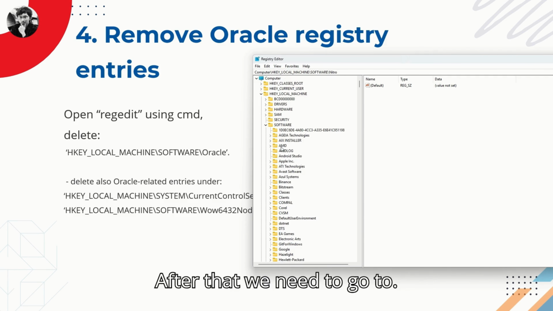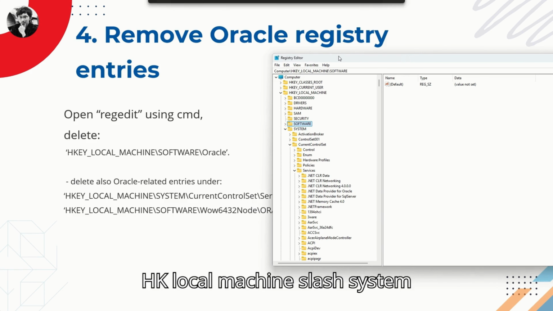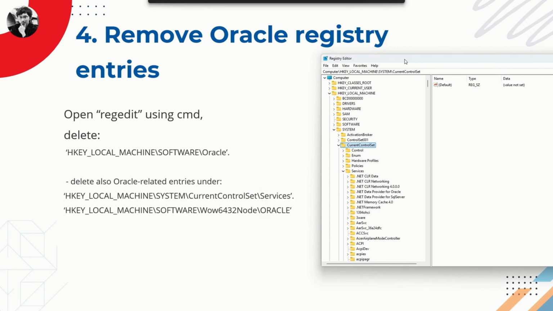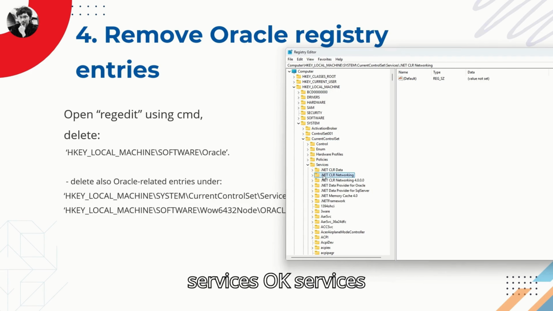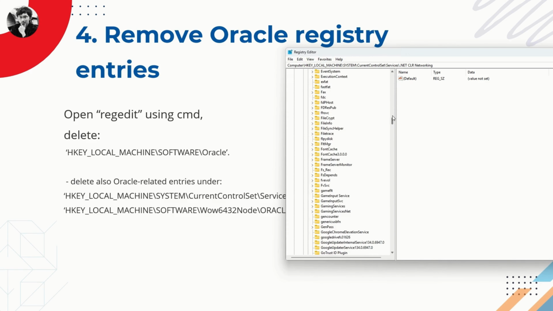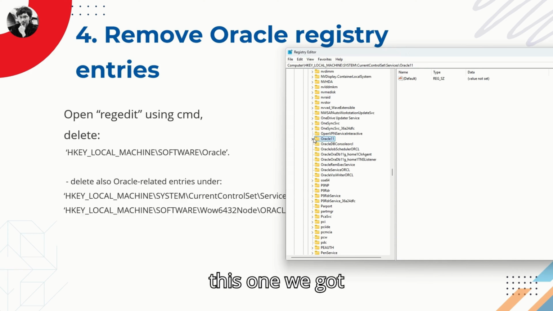After that, we need to go to HKEY_LOCAL_MACHINE\SYSTEM\CurrentControlSet\Services. Okay, services, we search for Oracle. It's down below. Okay, this one. We got quite a bit.